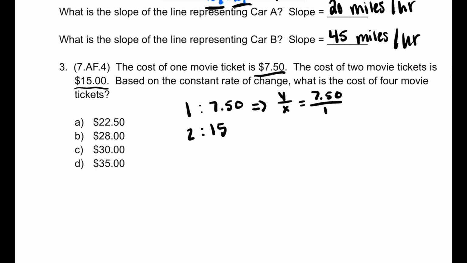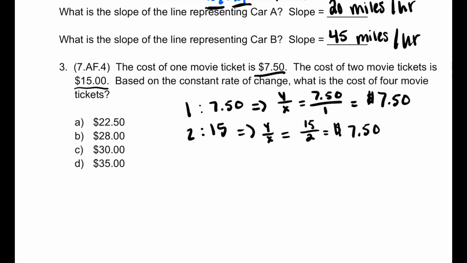Now, if only 1 movie ticket costs $7.50, that means every single movie ticket I buy is $7.50. I'm going to make sure that is the same exact situation for the 2 tickets that I buy, which is 15 over 2. And when I divide 15 over 2, that does give me $7.50.